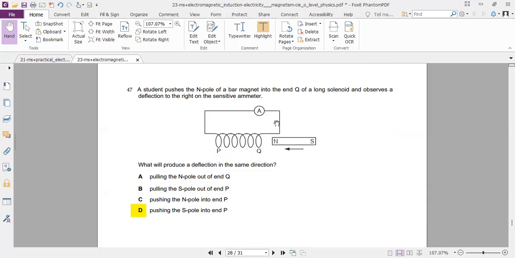Pushing the N pole into the end Q, there is a deflection. Pushing the S pole into P will produce the same deflection.